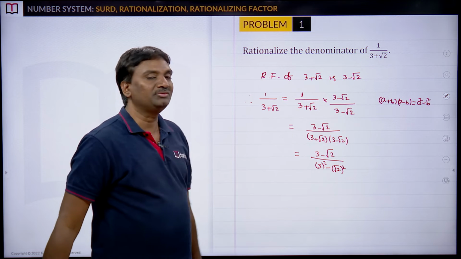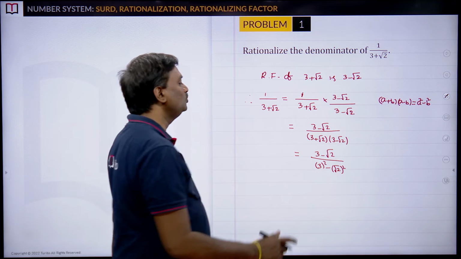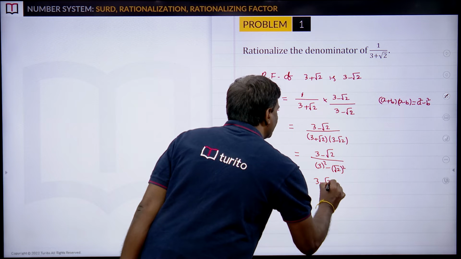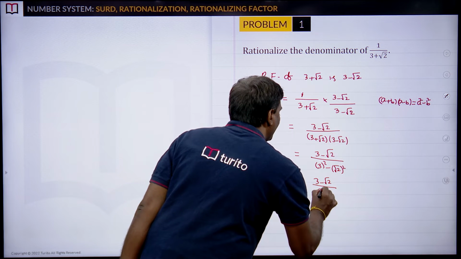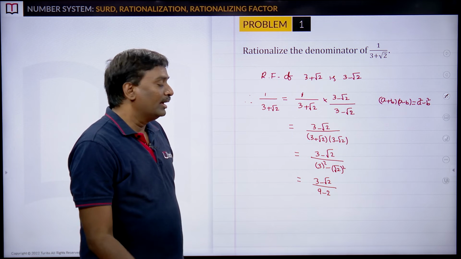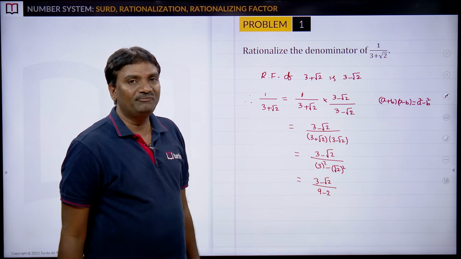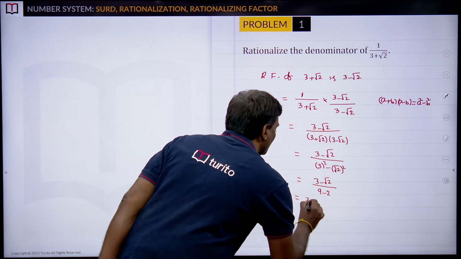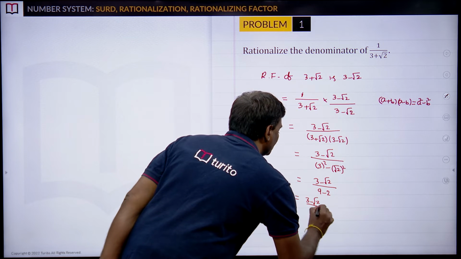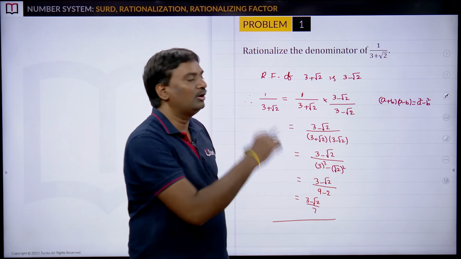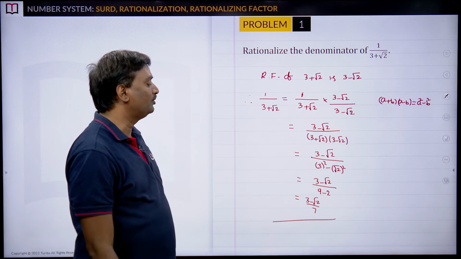In the denominator we have 3 square 9 minus root 2 whole square 2. Now, 9 minus 2 means 7. So, that is 3 minus root 2 by 7. So, this is the rationalized form of 1 by 3 plus root 2.